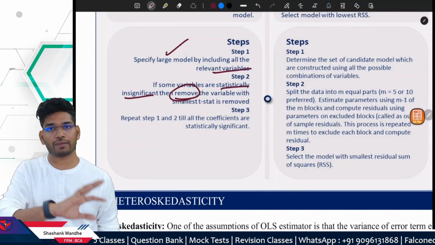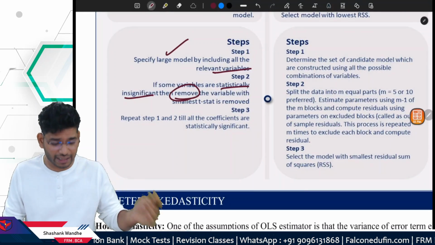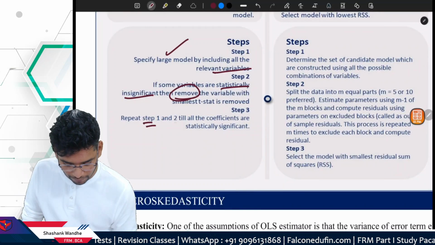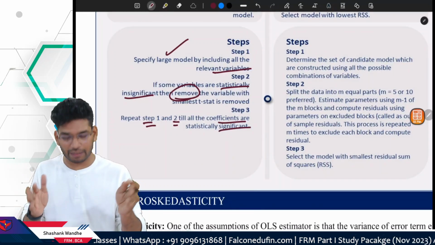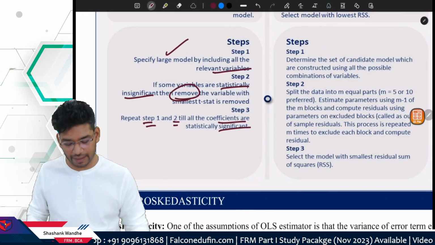If you select 100 variables for the model and the 100th variable is insignificant, drop that variable and construct the model. Then repeat steps 1 and 2, and keep dropping one variable at a time until all the variables included in the model are statistically significant.